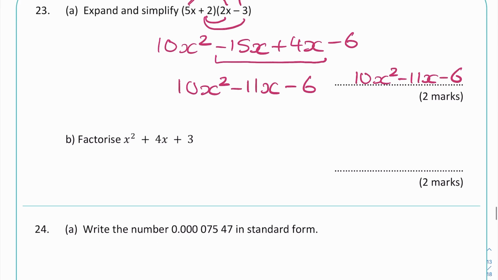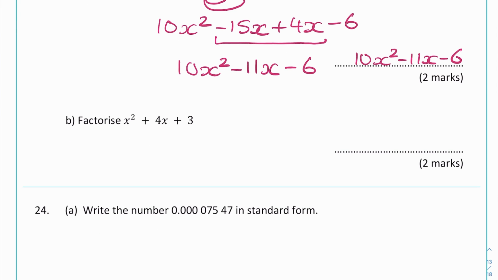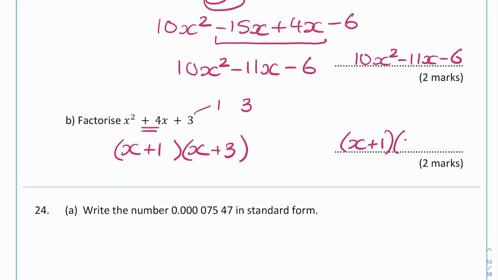For part B, we're asked to factorise a quadratic. When factorising a quadratic, you need to recognise that they go into double brackets. They both start with an x. We just need to find the factor pairs that multiply to make this number at the end. So that can only be 1 and 3. So that would be x plus 1, because we're trying to make plus 4 in the middle, and x plus 3. So that would be our final answer, x plus 1 and x plus 3.